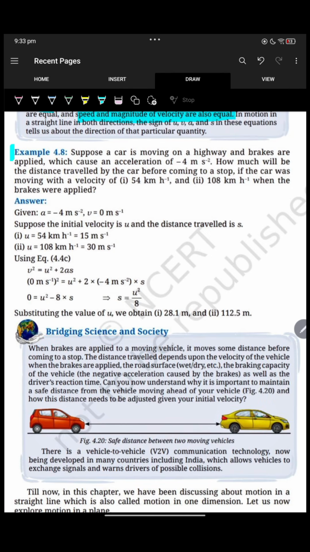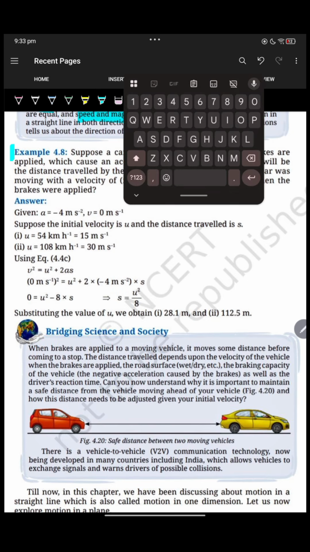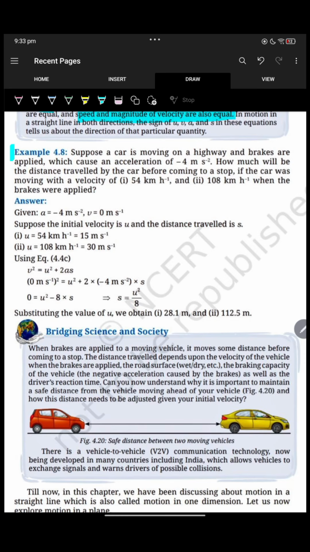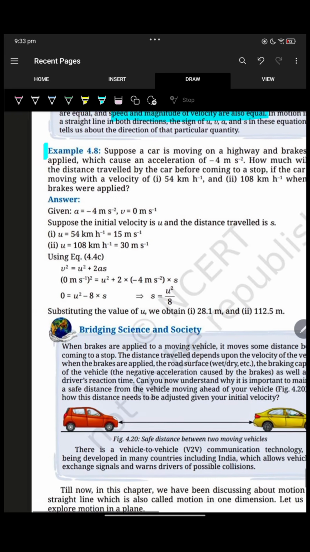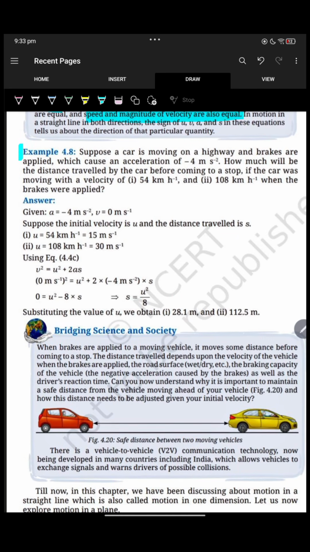But if you write acceleration as A, you have to write it with the negative sign. So acceleration is negative of 4 meter per second square.